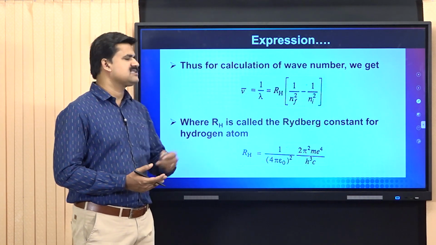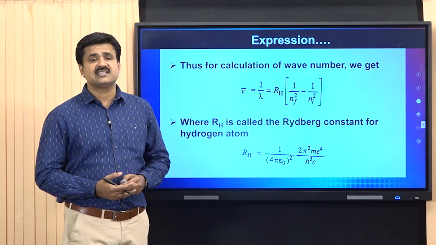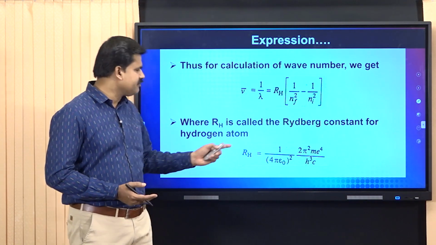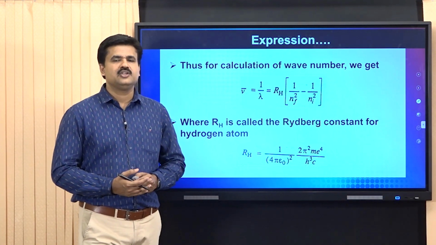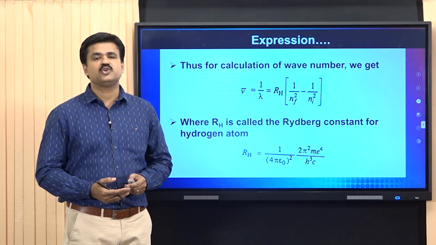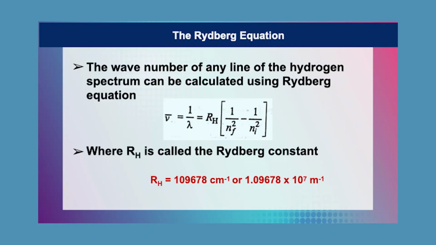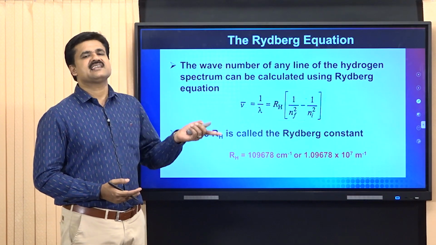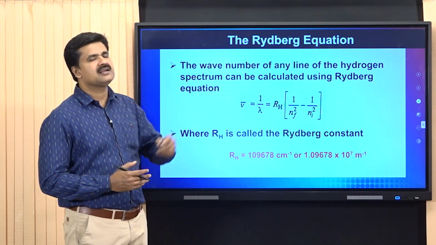Here, Rh is a numerical constant which is known as the Rydberg constant for the hydrogen atom, and the Rydberg constant here is Rh equal to 1 by 4 pi epsilon 0 squared, 2 pi squared m e raised to 4 divided by h cubed c, where c represents the velocity of light. The wave number of any line of the hydrogen spectrum can be calculated by using this equation. This equation, which incorporates the Rydberg constant, is known as the Rydberg equation.